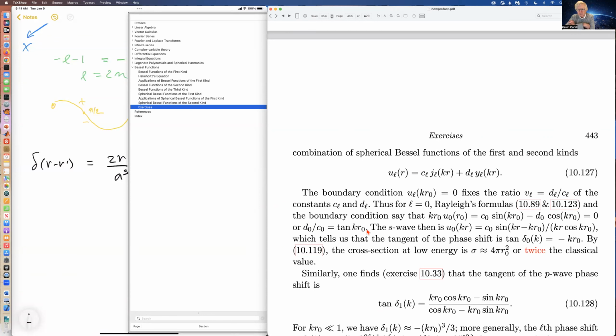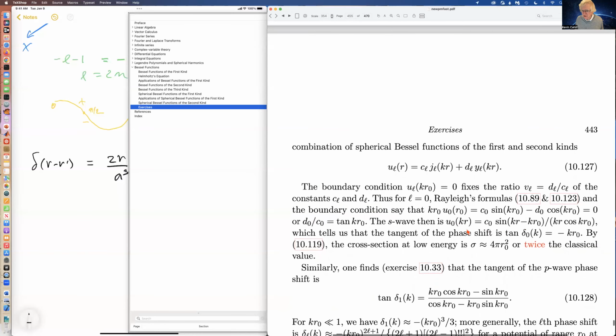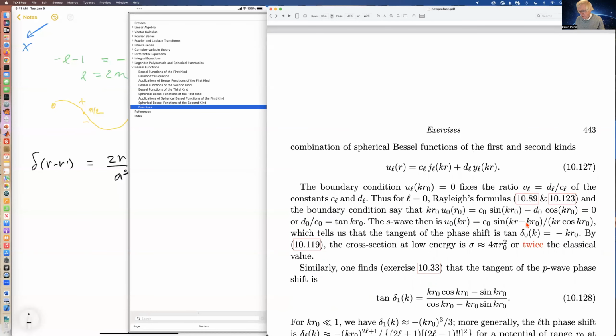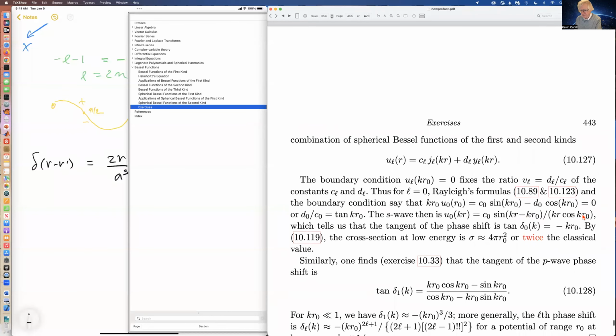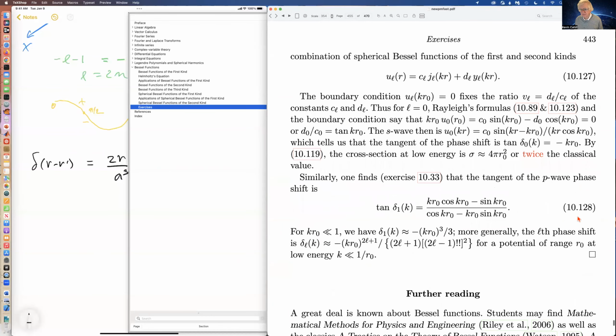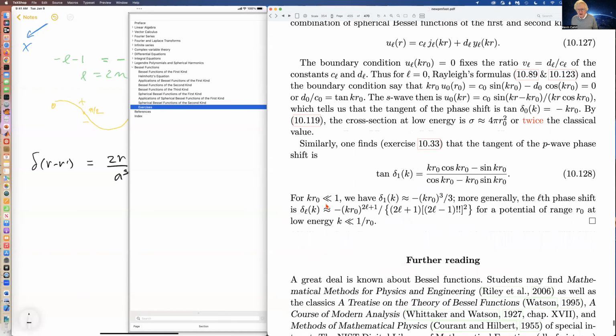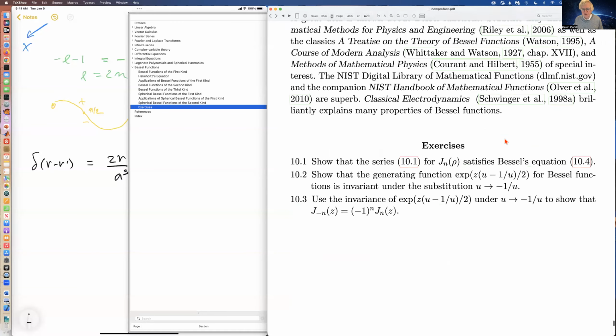That's because the zeroth Neumann and spherical Bessel functions are very simple, and you then get that U0 is the sine of KR minus KR0 divided by this constant, and you find the phase shift is KR0, and then the cross section turns out to be 4 pi R0 squared, which is twice the classical value. And you can work out the P wave one like that.